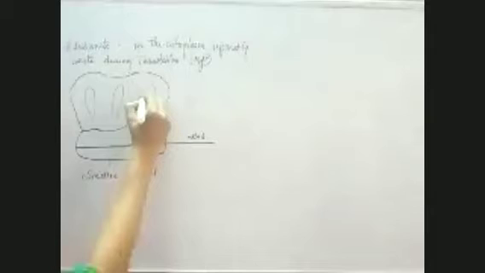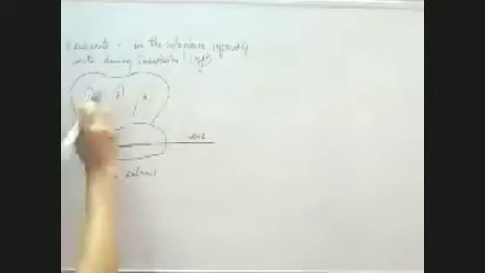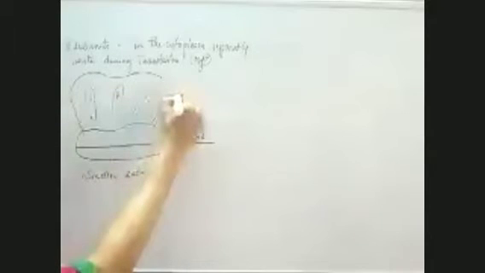Besides this, another function is that it consists of the enzyme peptidyl transferase. The peptidyl transferase enzyme is very important. It has two very important functions. Number one is it helps in the formation of peptide bond, and the second function of peptidyl transferase is termination.